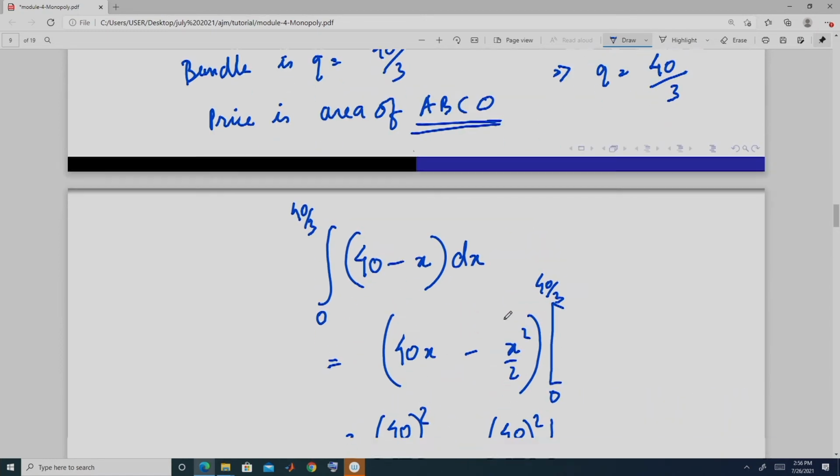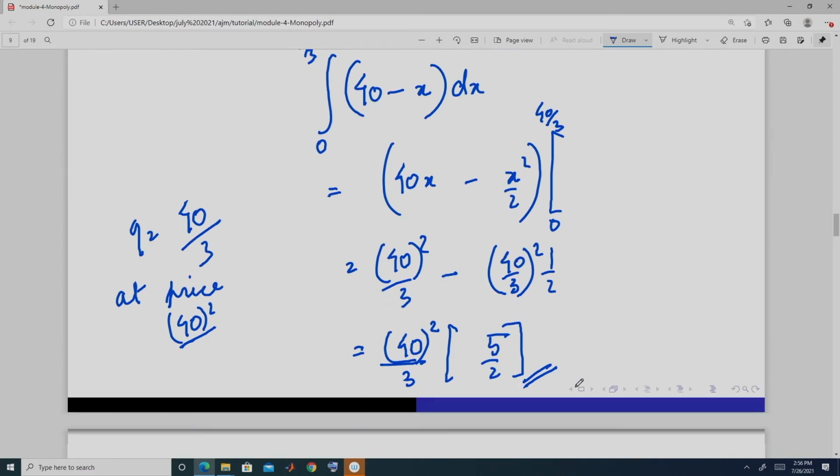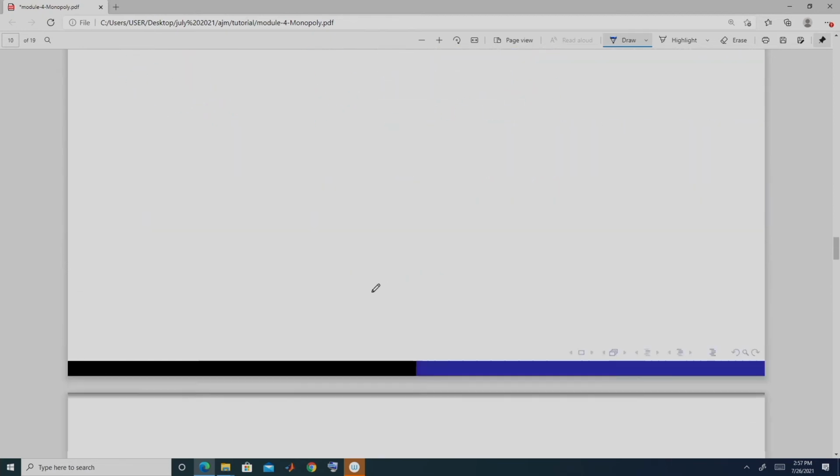So, the bundle is that quantity 40 divided by 3, and the price is 40 square divided by 18 into 5. This is the price of this good.